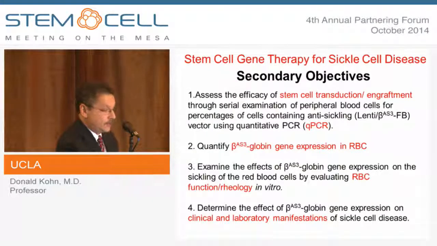Secondary endpoints are for efficacy, to look at the transduction and engraftment of the stem cells, the expression of the beta-AS3 gene in red cells in circulation. We were working with someone at USC, Herb Meiselman, who could measure the red cell properties in terms of their rheology and their physical properties after expressing this globin gene. And then we have clinical endpoints to look for the standard sickle cell disease endpoints of hemoglobin, hemolysis, and clinical symptoms.